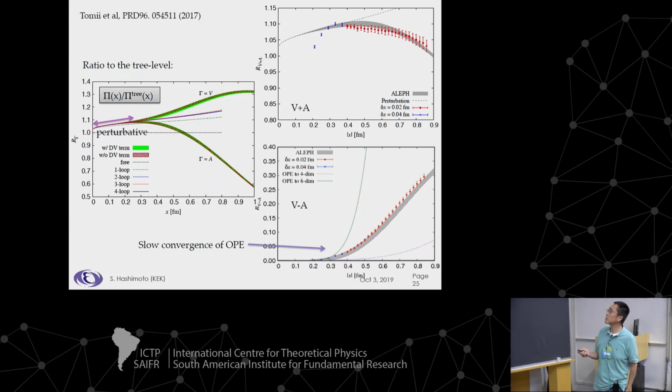Here, the dimension 4 OPE is shown there. That is far too small compared to the experimental data or the lattice. And the dimension 6 is, on the other hand, too large. So it means that already at 0.3 Fermi, the deviation from the operator product expansion is seen in the coordinate space.